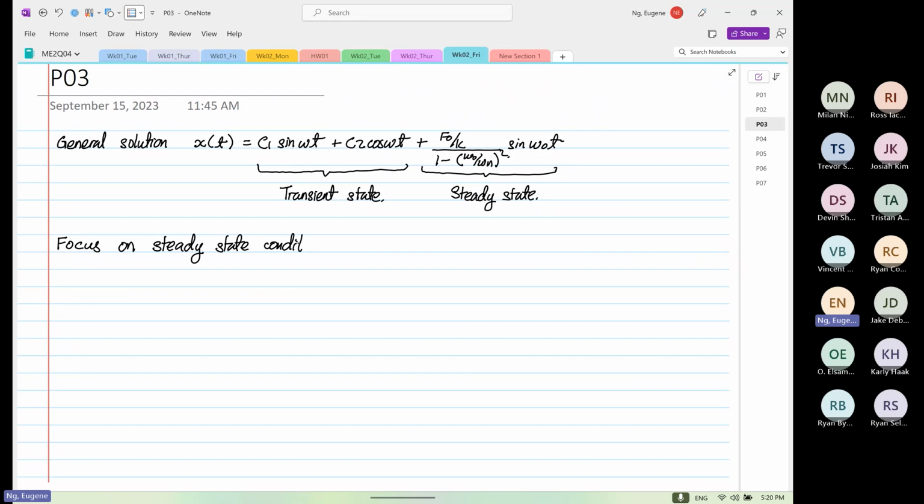Why? Because the question wants us to determine the steady state amplitude. So we are going to look at x as a function of time. SS over here means steady state.